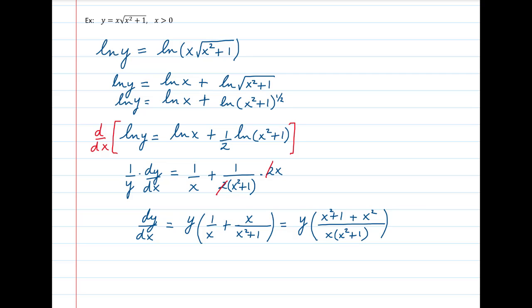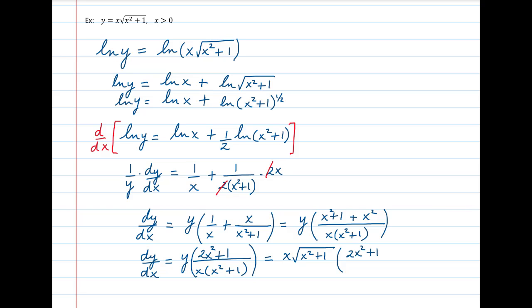And then we can combine the x squares and we get the following expression here. Remember, we can always substitute the y for our function of x from the beginning, just so that we'll have everything in terms of x. And substituting y for x square root of x squared plus 1, we get this.